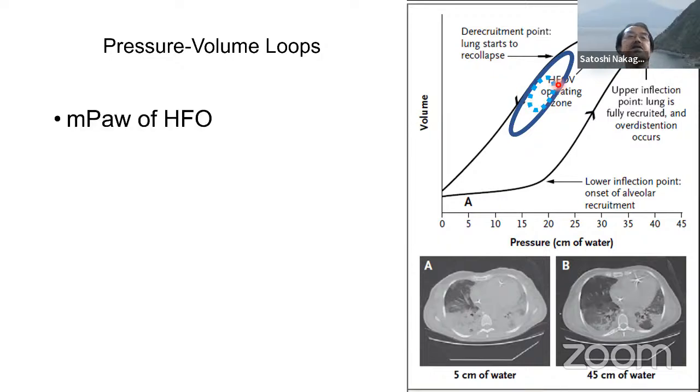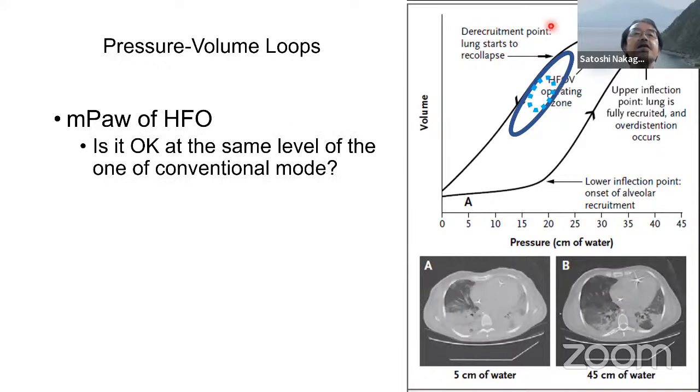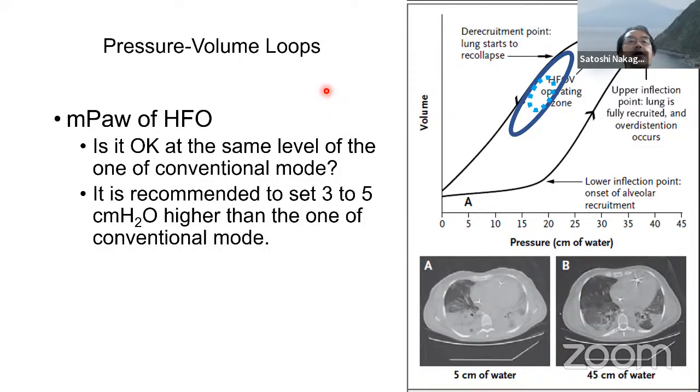The question is, is it okay to use the same level of mean airway pressure as conventional mechanical ventilation? Probably it is recommended to set relatively higher, 3 to 5 centimeters higher than that of conventional mode. So not the same level.